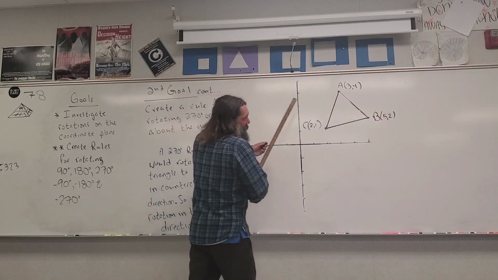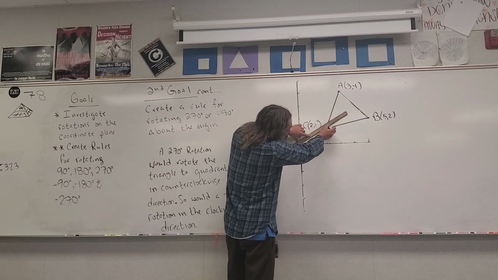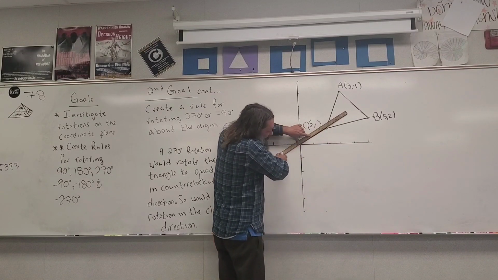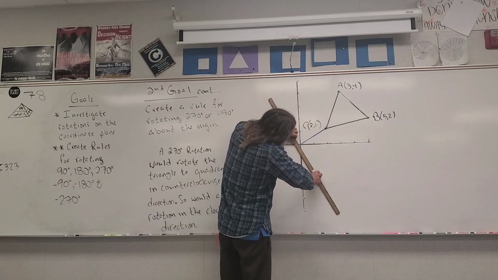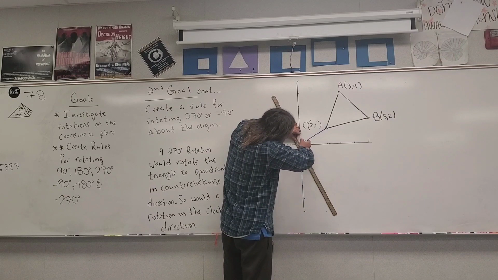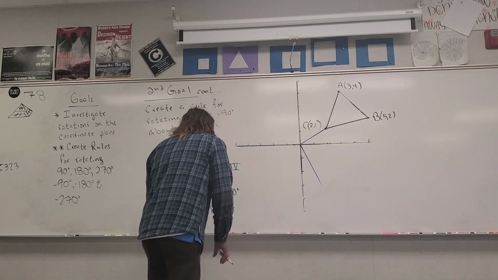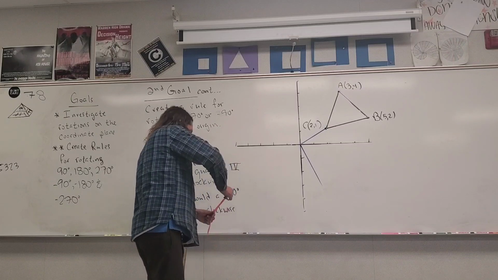I'm going to draw a line to the origin because that's what we're rotating about. And I'm going to make a -90 degree angle because we're going in the clockwise direction. Okay. And now I'm just going to make sure I have the same distances here.